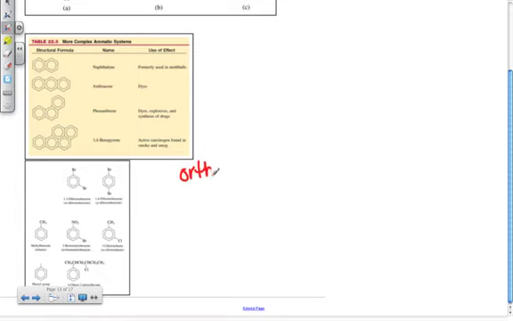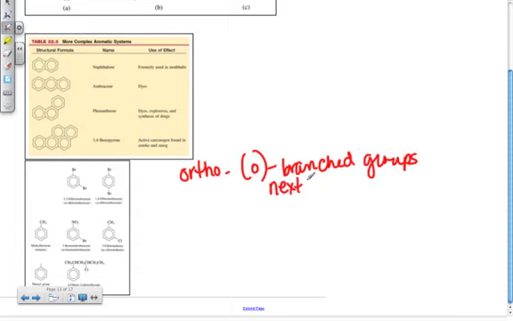So ortho, which would have an O in front of the name, is when you have your branch groups next to one another. And they don't show any ortho in this picture.